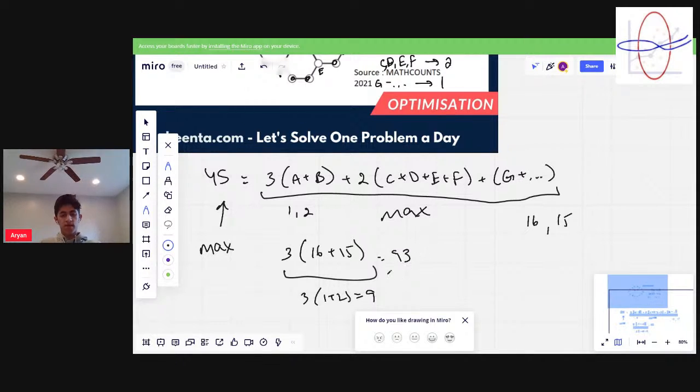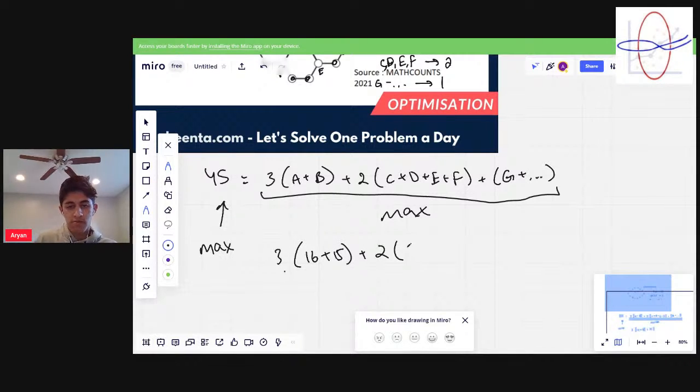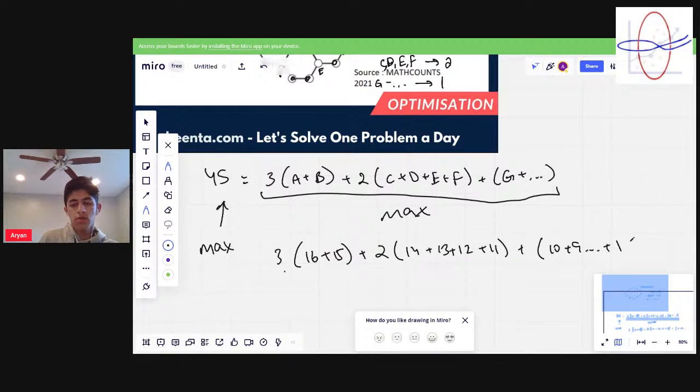This big of a difference is why we want our biggest numbers multiplied by our biggest multipliers. So now we work backwards: 3 times (16 plus 15), then 2 times the next 4 biggest numbers, 14, 13, 12, 11, and then 10 plus 9 all the way to 1, using up the rest of our numbers.